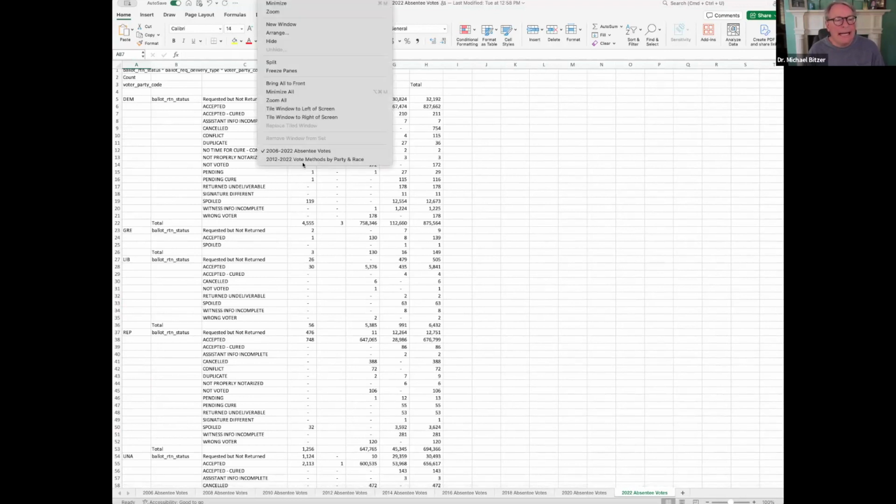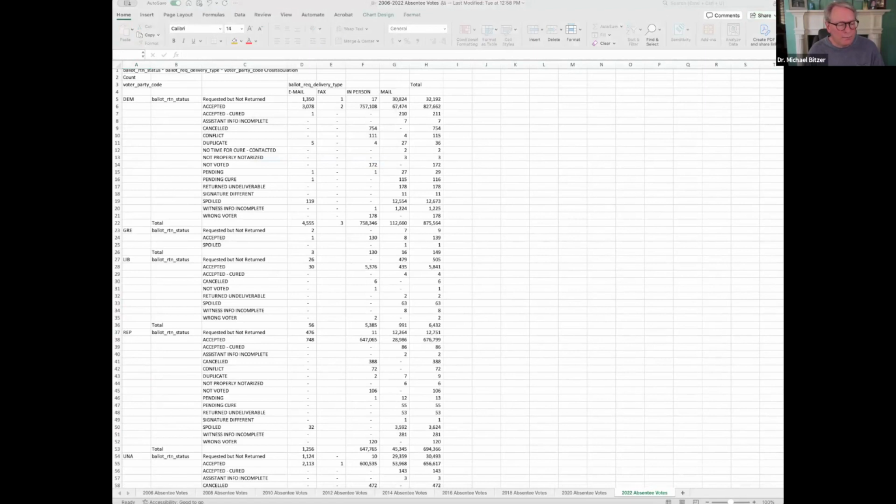All right. So the second file, let me go to the beginning here, is from 2012 to 2022. And this is a combination of the voter registration data for this particular election year, combined with a second file that the state board puts out, which is called the voter history file.